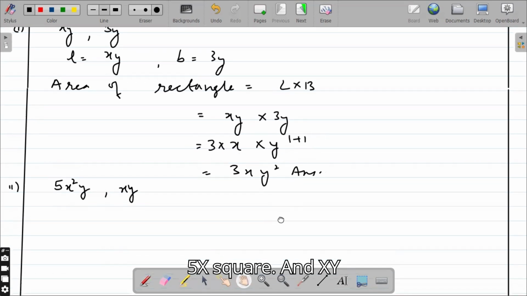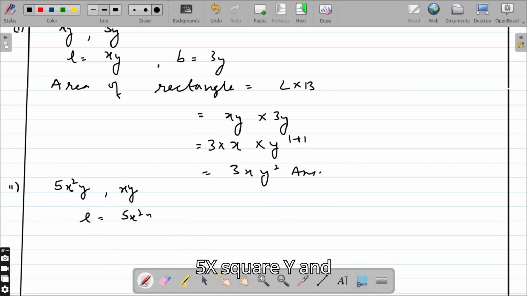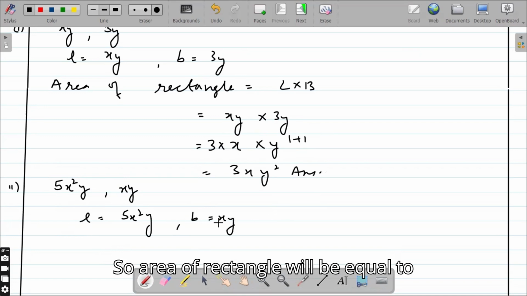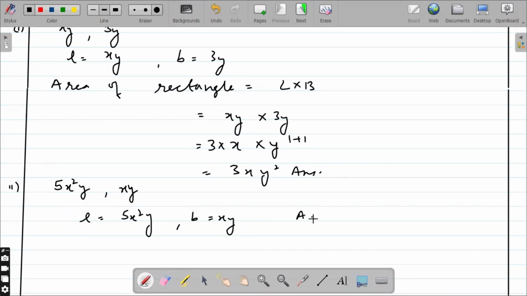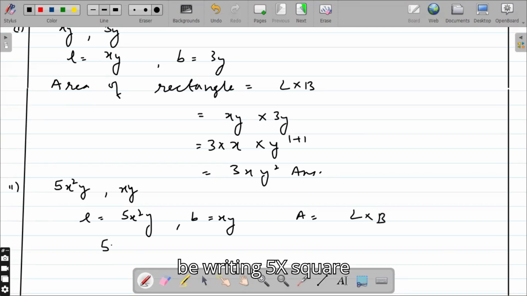5x square and xy is our next question. Length 5x square y and breadth xy. So area of rectangle will be equal to what? Length into breadth. So we'll be writing 5x square y into xy.